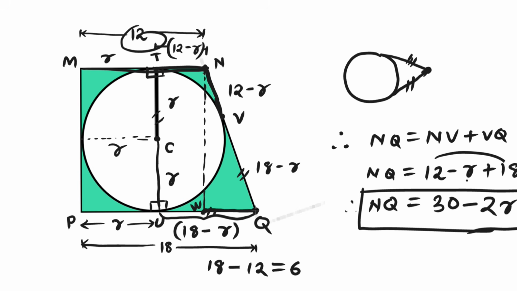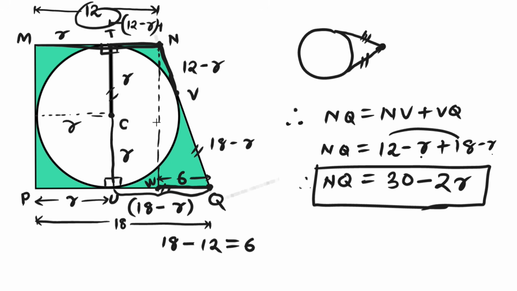Therefore, WQ equals 6 units. Now notice another important fact. Because the circle touches both the top and bottom sides, the distance between those two parallel sides is exactly the diameter of the circle. The diameter is twice the radius, so NW equals 2R.